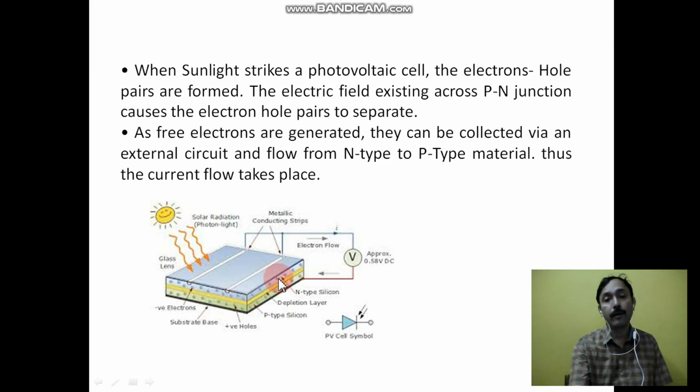The upper one is n-type silicon. The upper surface is connected with two metallic strips, connected to the circuit, and the lower surface is p-type silicon. There is a metallic substrate base, and the connection is made with the metallic substrate base. Thus the circuit completes.